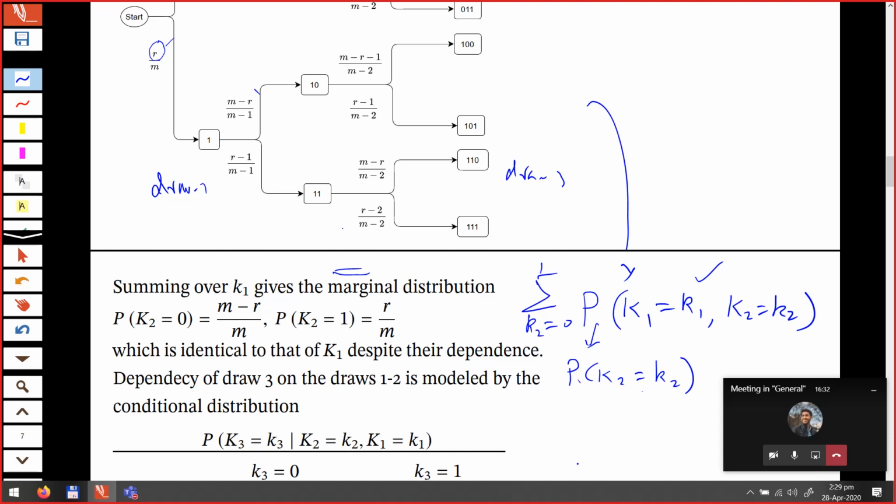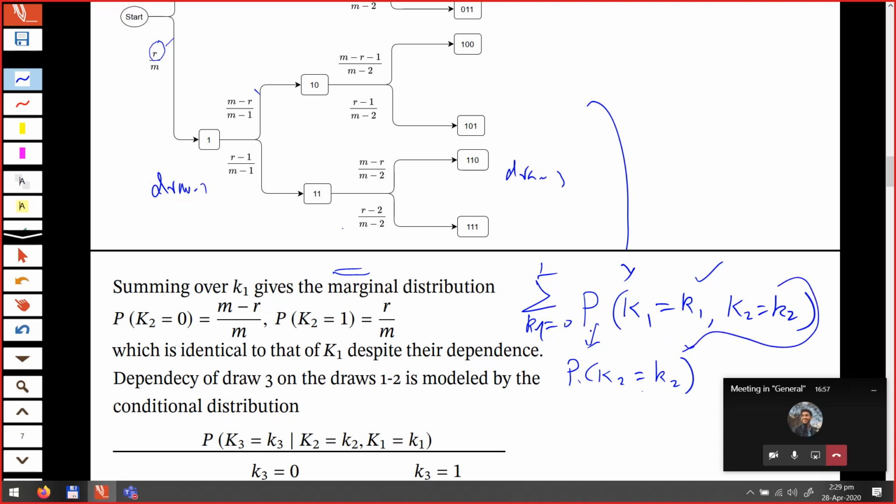If I sum this, the law of total probabilities says exactly that, because K1, sorry, this is wrong. This is if you sum this over values of K1, not over values of K2. So you have two variables, and if you sum their joint probability with respect to some variable, that variable will disappear and you will only be left with the other variable.